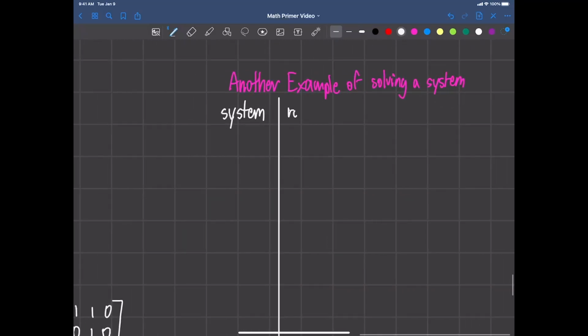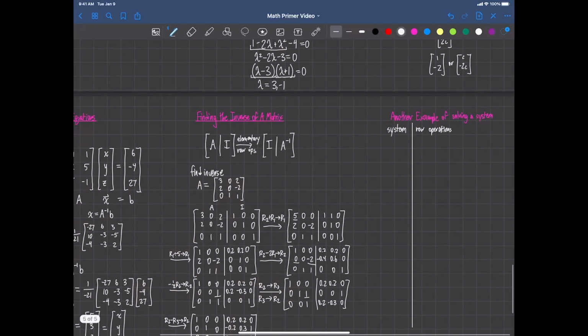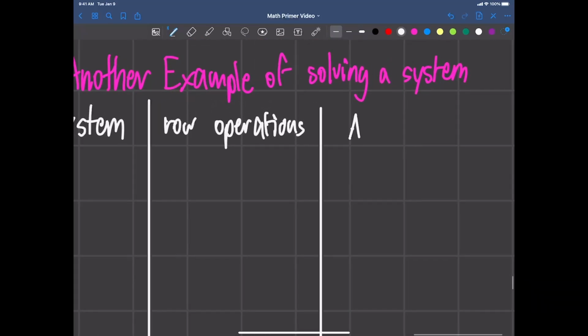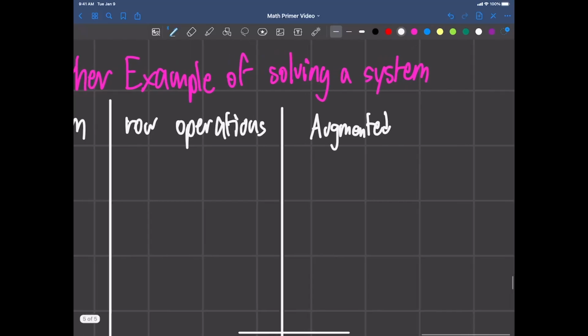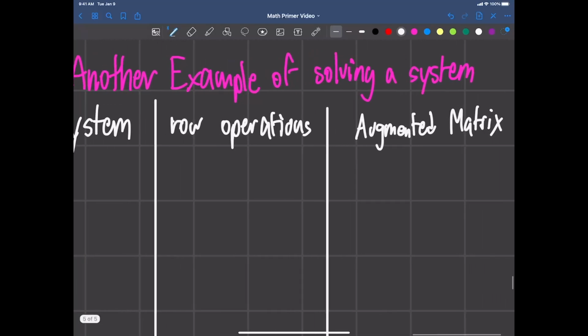In the middle, we're going to have the row operations. And on the right, we're going to have the augmented matrix. So here's a similar method, but organized a little bit differently.